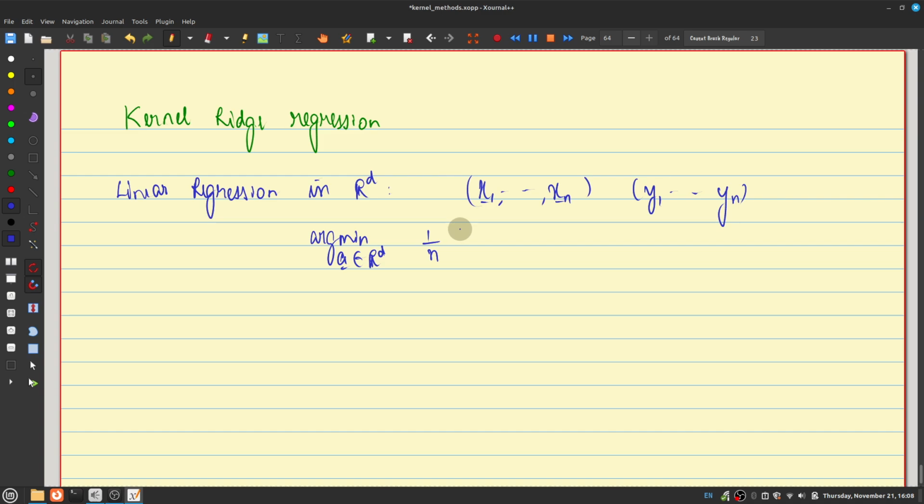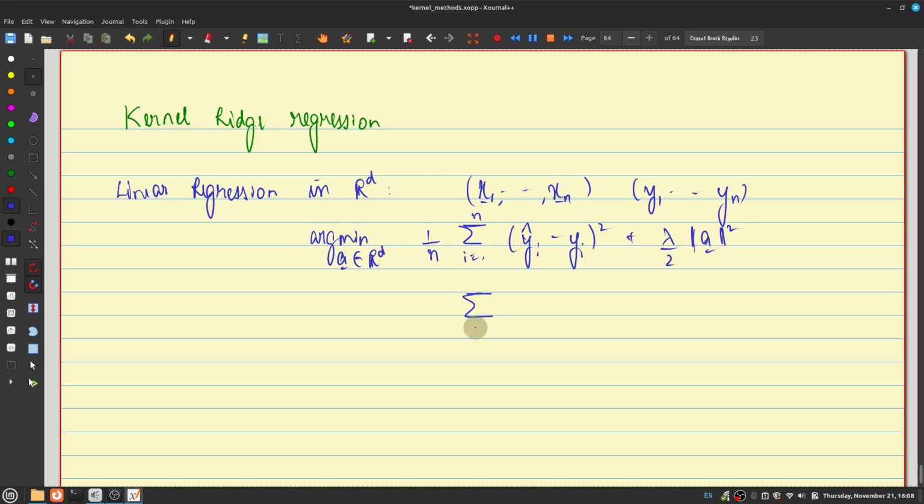So typically you want to minimize 1 by n summation i equal to 1 to n of (yi hat minus yi) the whole squared plus perhaps a regularization term. Right, so we're dealing with what is called ridge regression. So there is a regularization term of the form lambda by 2 norm a squared. And what is y hat?